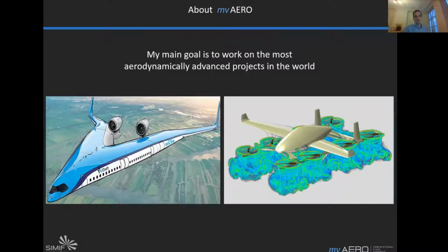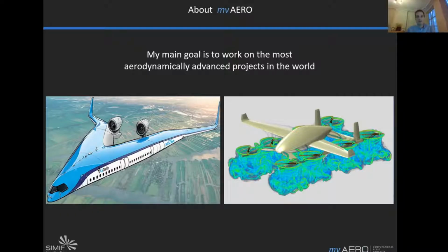First, a little bit about mvAERO. I started this company with a main goal, or a dream rather, to work on the most aerodynamically advanced projects in the world. For example, you see the Flying V, which gets a lot of attention these days. It's a radically new concept developed by the TU Delft, which I'm also a part of.